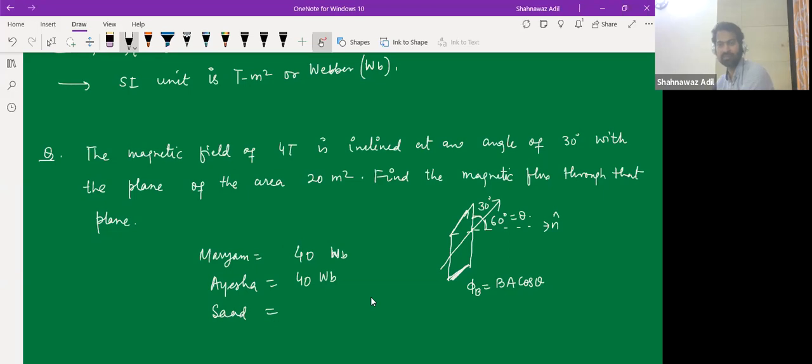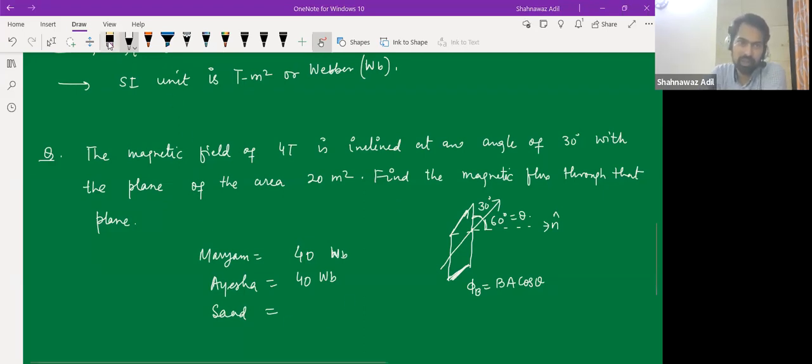What is your answer? You have magnetic field B, you have A, you have theta. All the things are given, right?